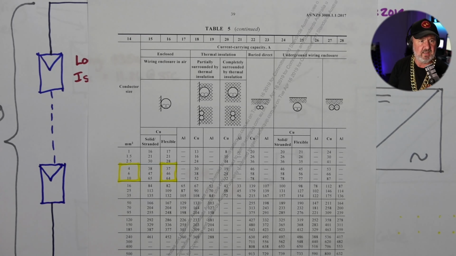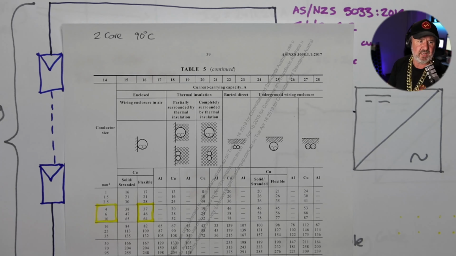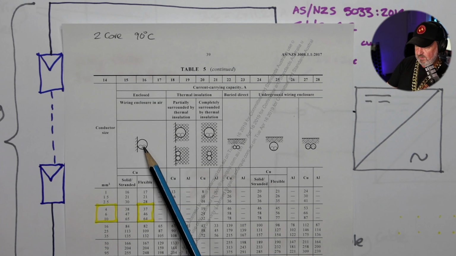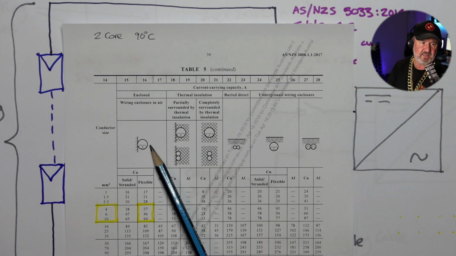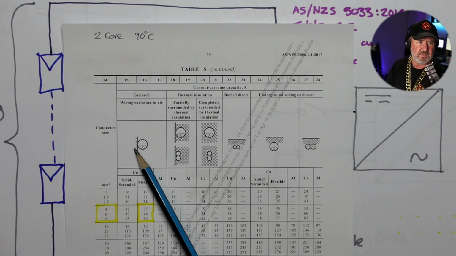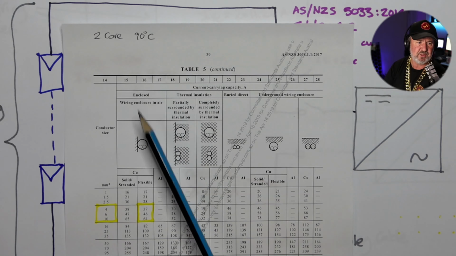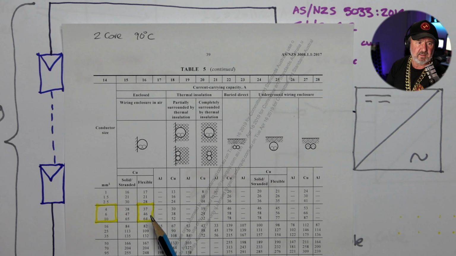A 2-core cable enclosed in air, so basically in conduit. And so you've got a cable and conduit against a surface, and it's rated to 90 degree cable, so its maximum operating temperature. And for 4mm flexible conductors, we can get 37 amps. So 4mm cable is good for 37 amps in conduit against a surface with a 90 degree rating.